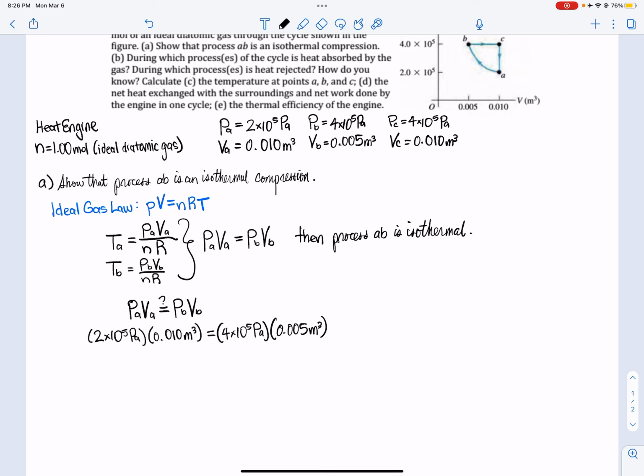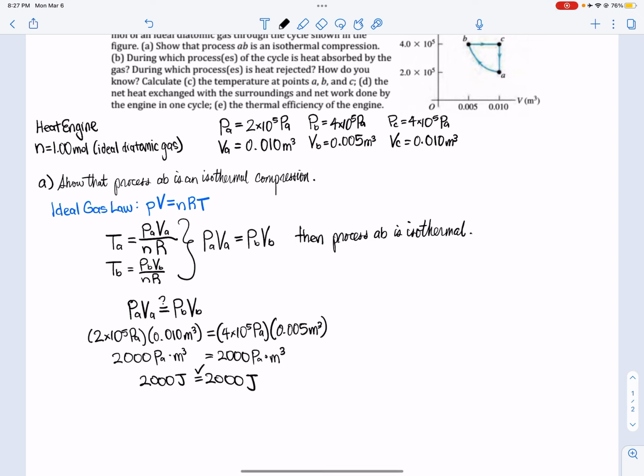Plugging that into the calculator, I get 2,000 pascals times cubic meter on both sides, which, by the way, is equal to joules. So we get 2,000 joules equals 2,000 joules.